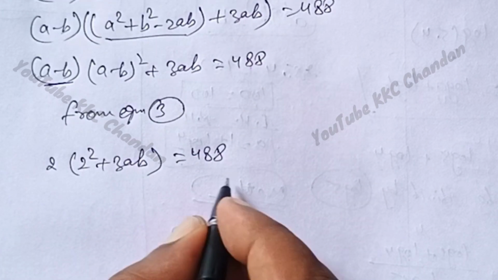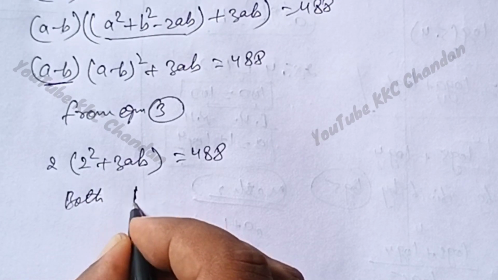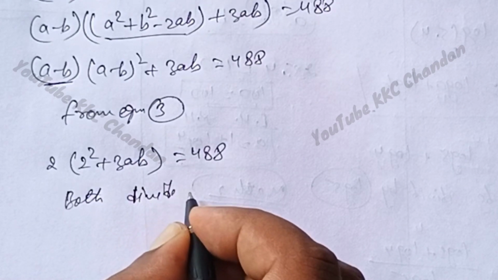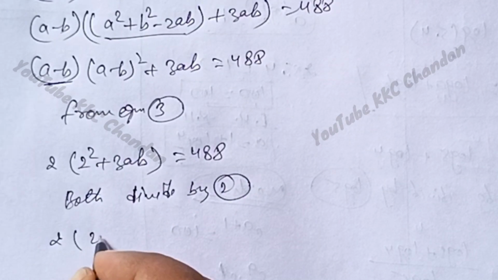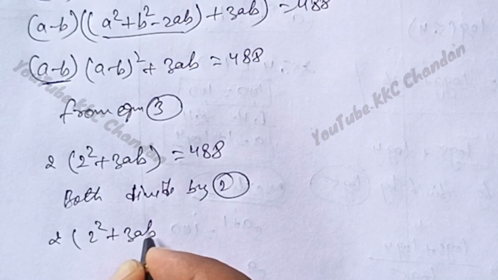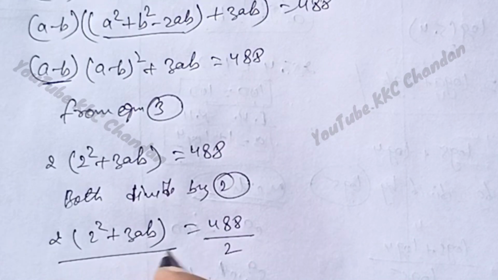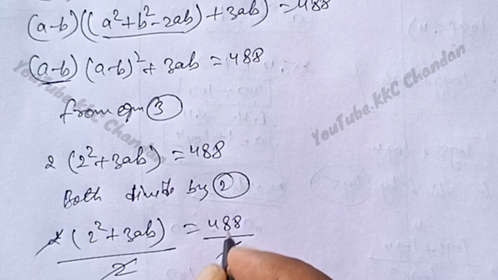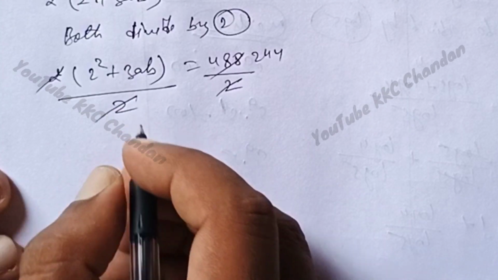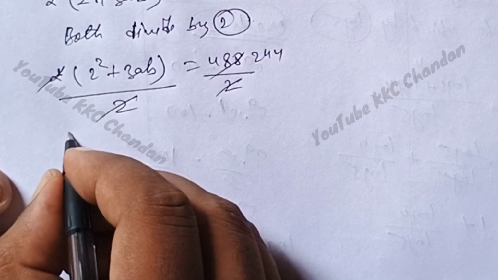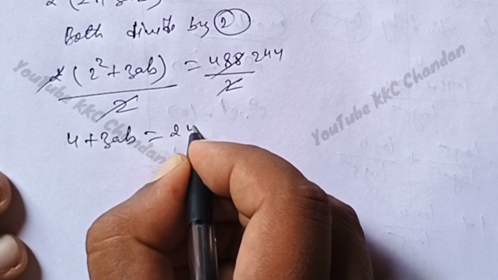See here, both sides divided by 2. Here, 2 into (2 square plus 3AB), bracket close, is equal to 488 divided by 2. Divided by 2, 2 cancel, 244. After left it, 2 square means 4 plus 3AB is equal to 244.